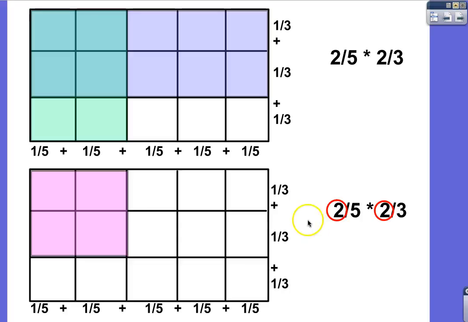And when you do the overlapping, say you have 2/5 times 2/3, you're going to shade in 2/3 completely, you're going to shade in 2/5, and the area where it overlaps is your answer. And then for the second shape, you're going to shade in just the part that you need for the 2/5 and the part that you need for the 2/3.